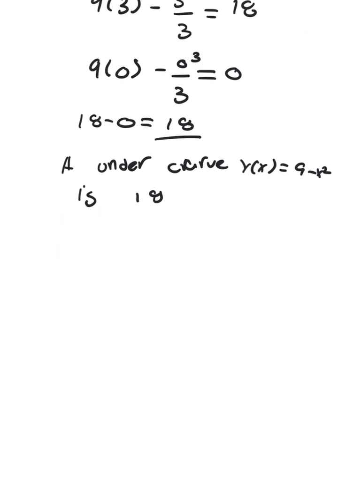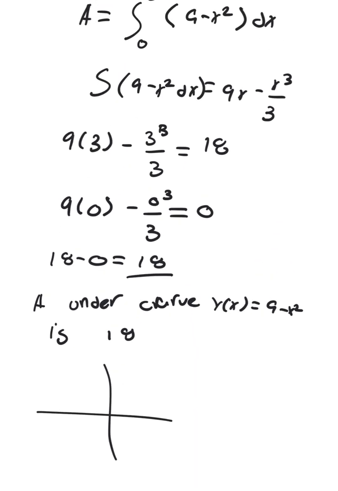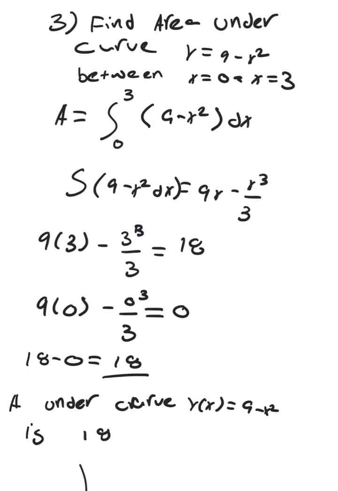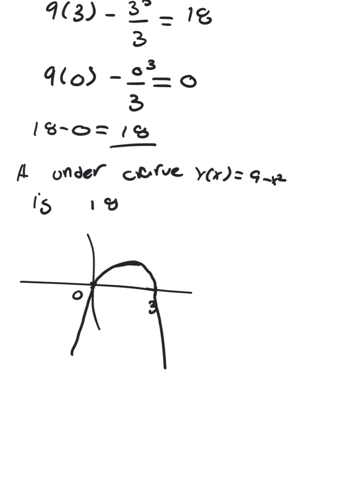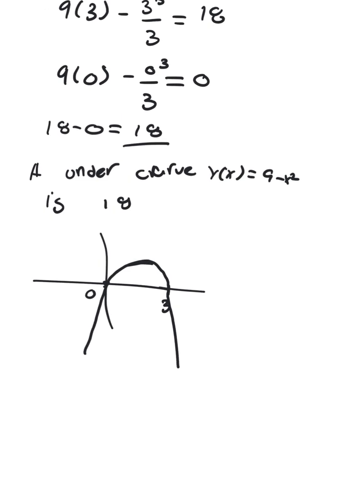If the parabola opens downwards, it should look something like this. Hold on. This is 0 and this is 3. Should look something like this. And that is how you solve. Thank you.